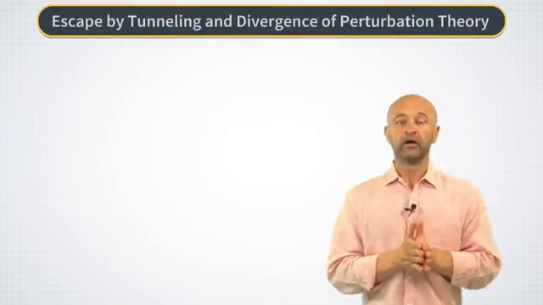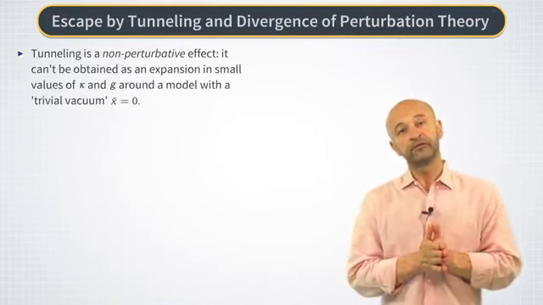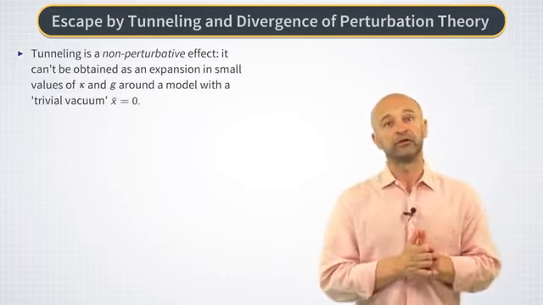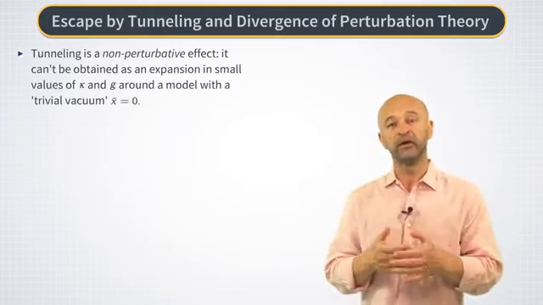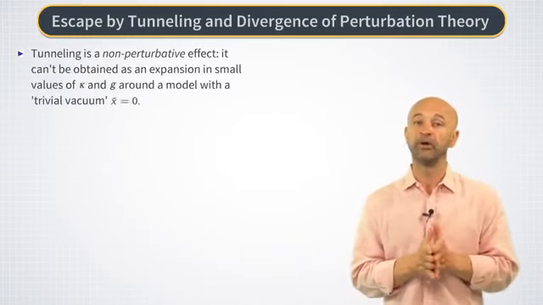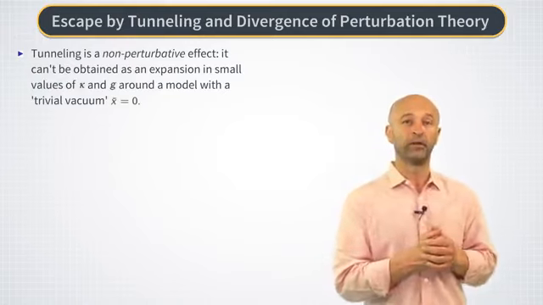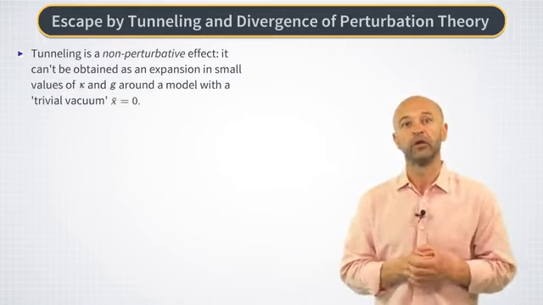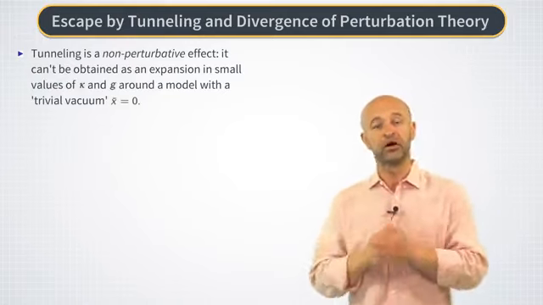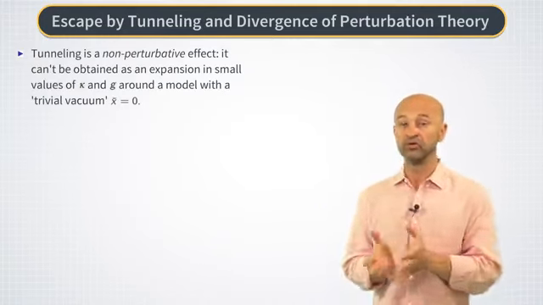And finally, a few more words about the tunneling effect. This effect is non-perturbative, as we said, so it cannot be obtained as an expansion in small values of parameters kappa and g around a model with a trivial vacuum x equal 0. It turns out if we still start developing such perturbative schemes, they become divergent series.